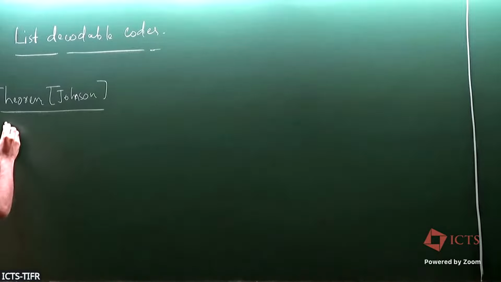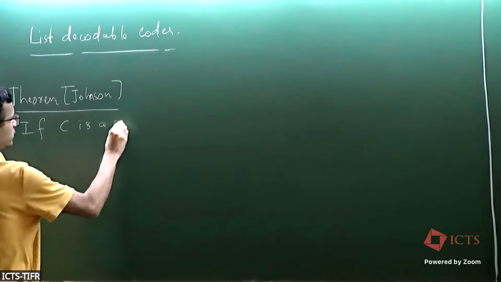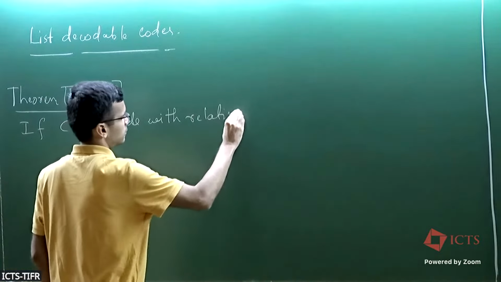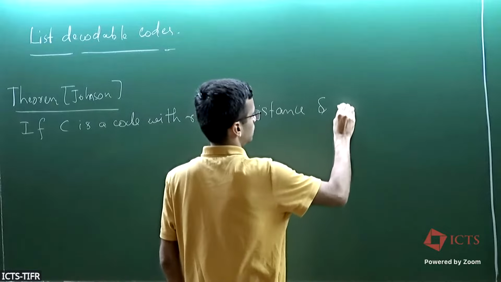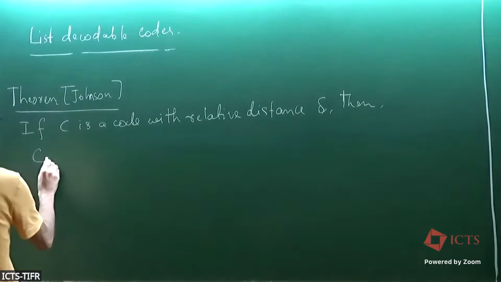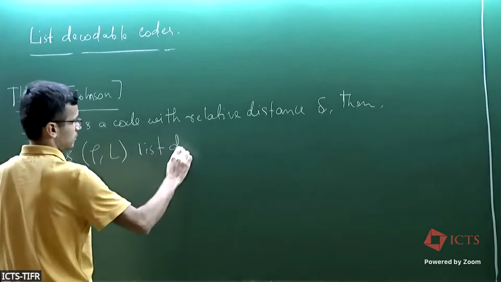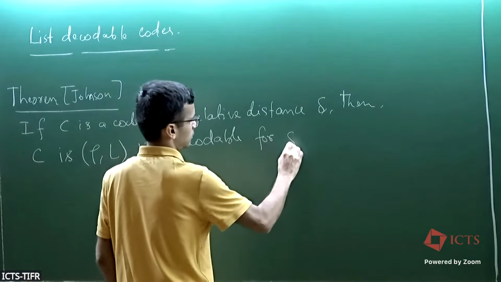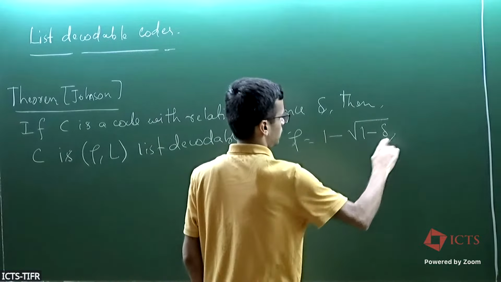So if C is a code with relative distance delta, then C is rho comma L list decodable, for rho equals 1 minus square root of 1 minus delta, and L being order n.